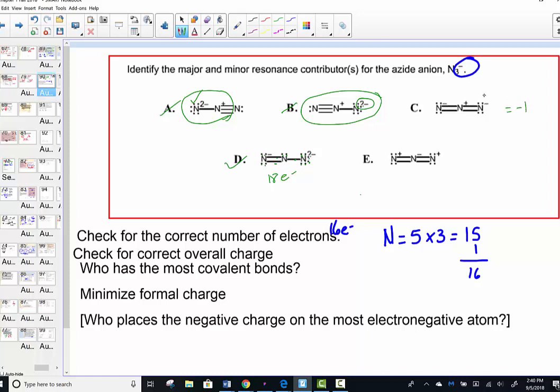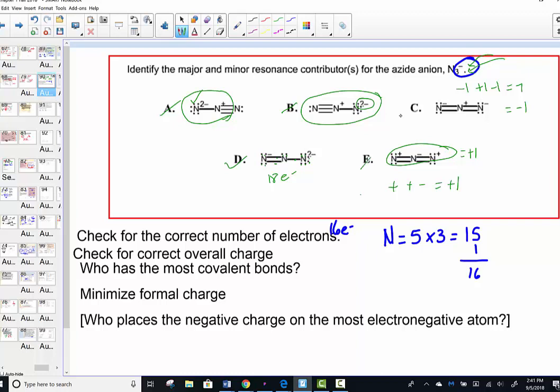So adding the formal charge matches the charge on the ion for letter C. For E, plus 1 plus 1 and a negative, this structure gives me a formal charge overall of plus 1. And that's not the formal charge we're looking for. The charge on the ion is -1.